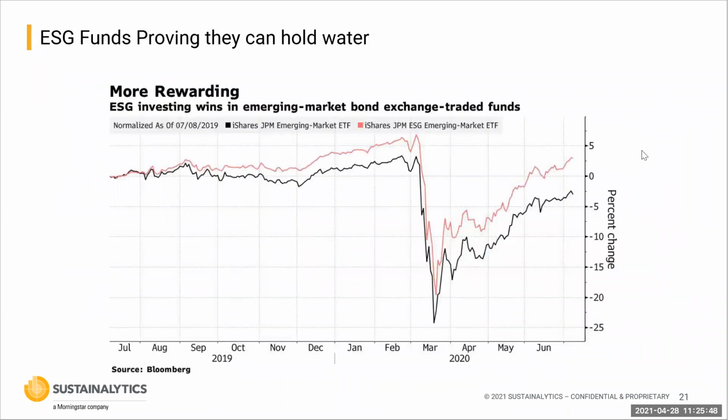One of the key reasons we're seeing this widespread adoption and interest in ESG is that there is increasing evidence that ESG funds are very resilient, and in fact outperforming most of their non-ESG counterparts.